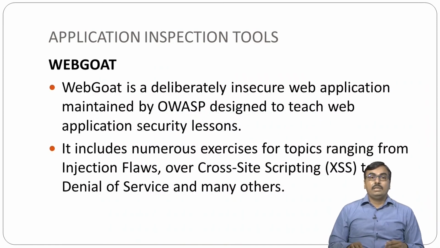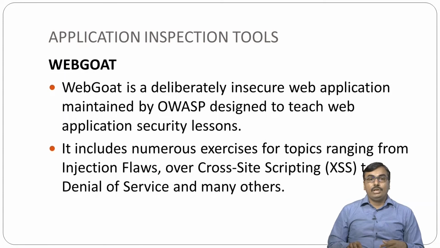Then the next inspection tool is WebGoat. WebGoat is a deliberately insecure web application maintained by OWASP, designed to teach web application security lessons. It is the same as DVWA. Through WebGoat you get an insecure web application, and it is managed by the OWASP project.